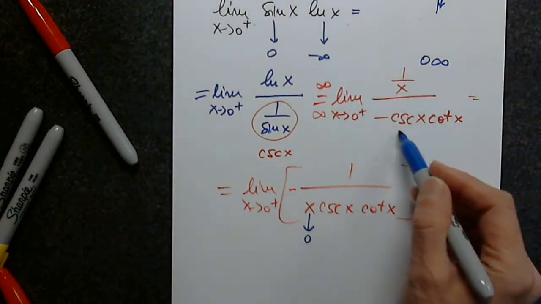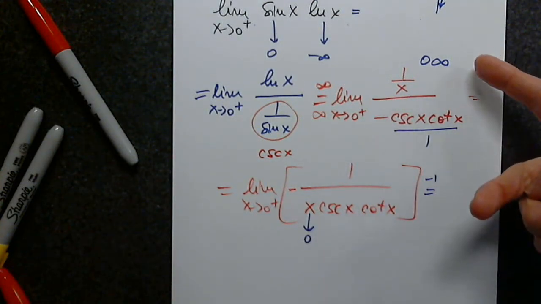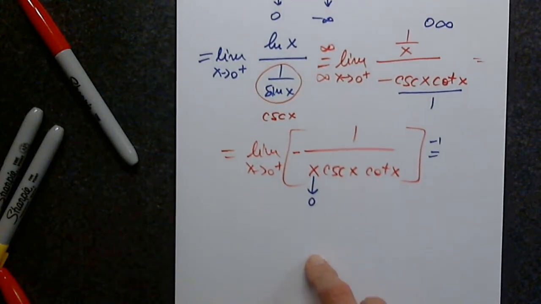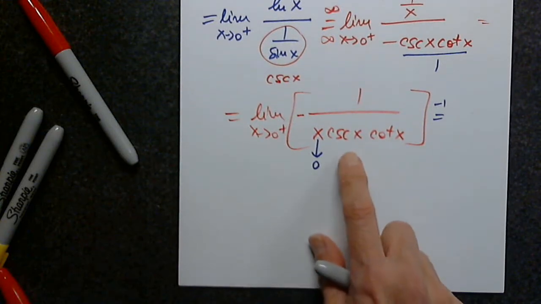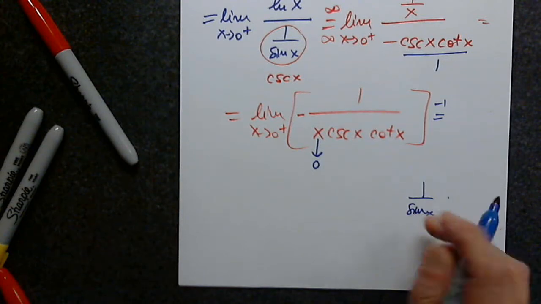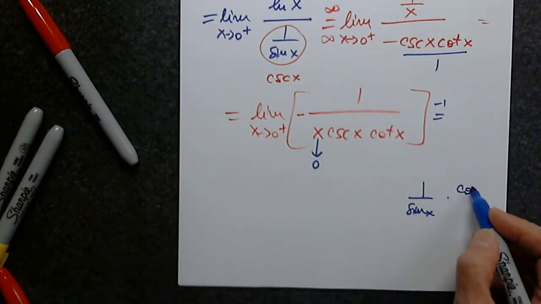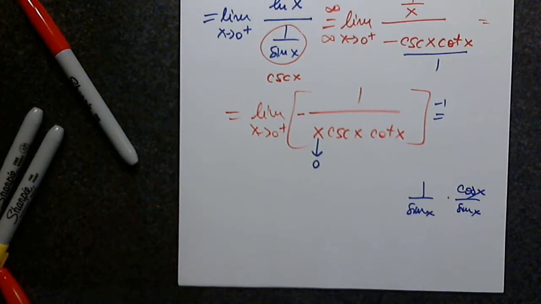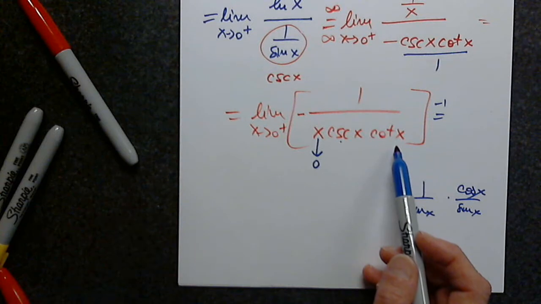1 over x times, and I flip the denominator. So I get 1 over x cosecant x cotangent x. I could look at this to see what it is. So cosecant x is 1 over sine x. And this cotangent is cosine x over sine x. So if this is better, you can do this too, and then plug in to see what we come up with.